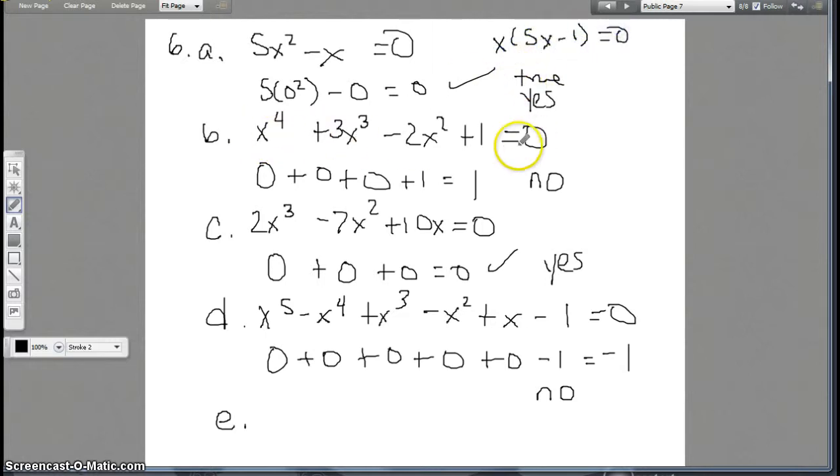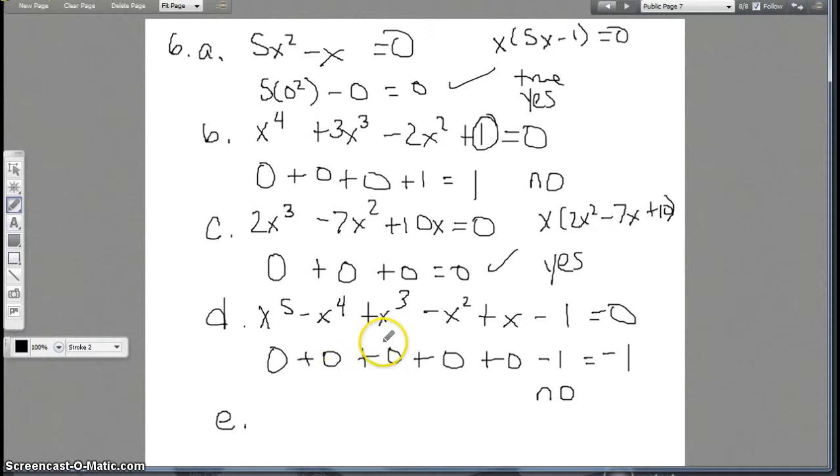When we look at part B, which was not a solution, x was not a factor in everything. In fact, x was not a factor in the number 1, and 1 was our answer. In part C, we did get 0 at the end. And again, x is a factor in every term. In fact, we could factor this as x times 2x squared minus 7x plus 10. So x is a factor of every term on the left side.